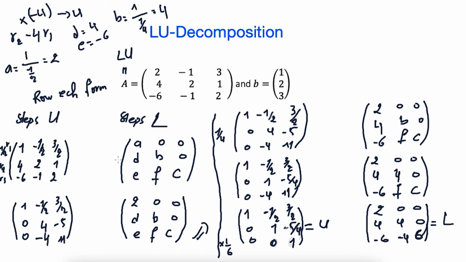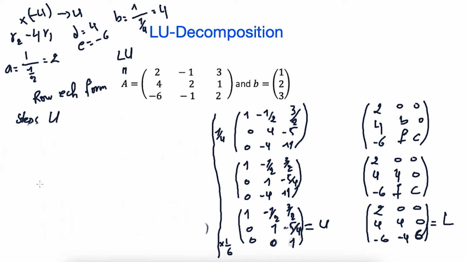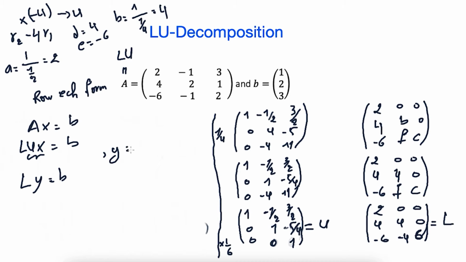So if we delete this space here, now we have Ax equals b, and this A now equals LU, so LUx equals b, and we will define Ux equals y, so it will be Ly equals b, and y is equal to y1, y2, and y3.